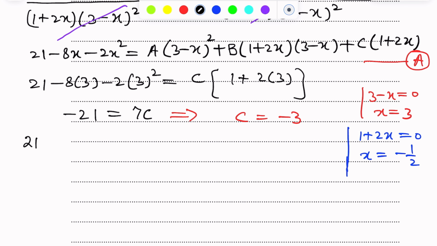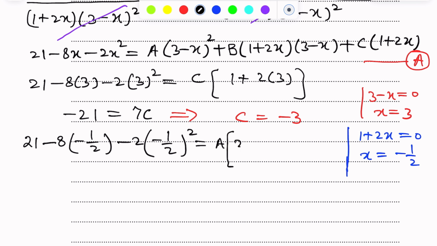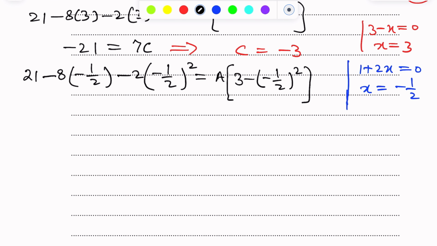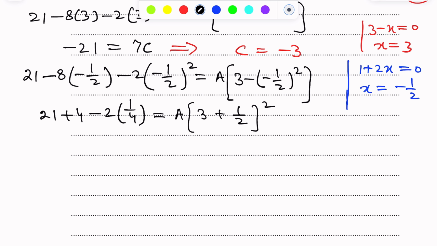So 21 minus 8 into (negative 1 over 2) minus 2 into (negative 1 over 2) square is equal to A into (3 minus (negative 1 over 2)) square. Simplifying, we get 21 plus 4 minus 2 into 1 over 4, and on the right side A into (3 plus 1 over 2) whole square.